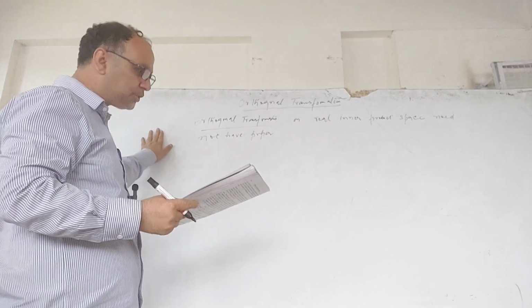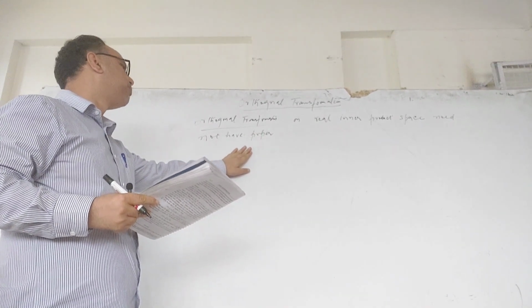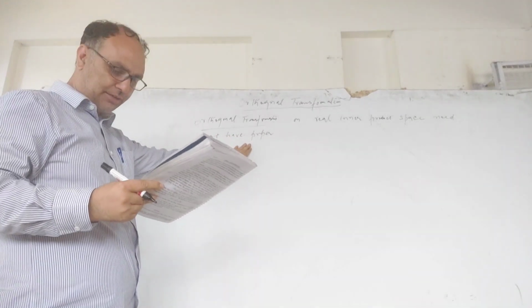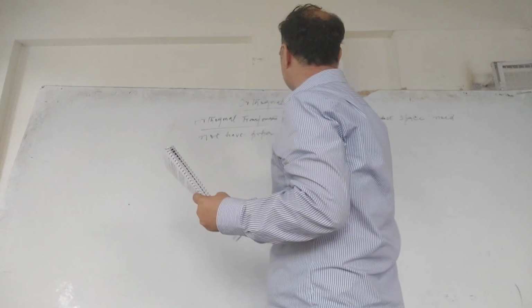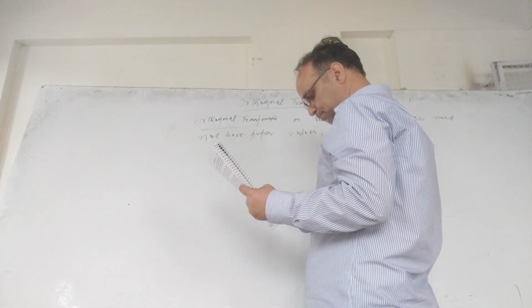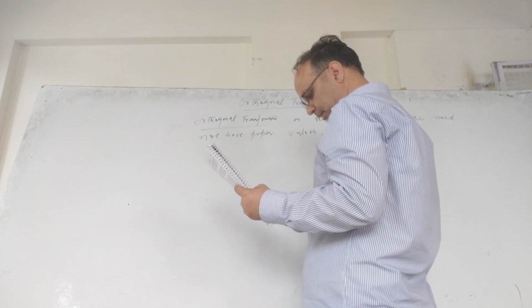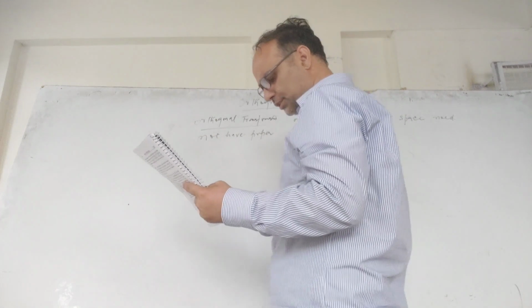The other unitary transformations we might consider had proper values, but these need not have proper values. So the spectral theorem, which we just studied, gives us information about the orthogonal transformations.